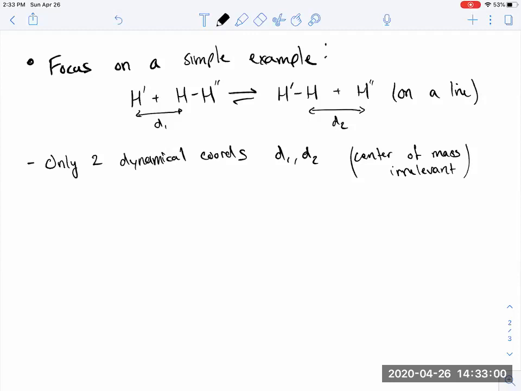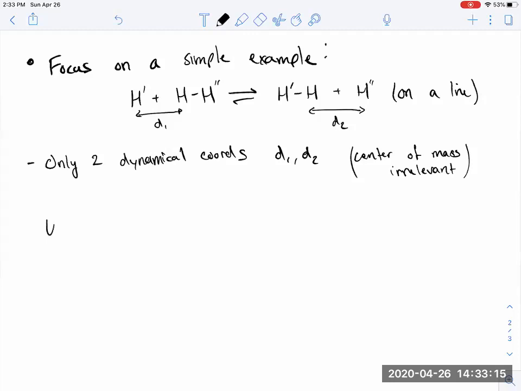So what we're going to try to work through or reason through is how this reaction might proceed. What would the dynamics over which this hydrogen exchange occurs look like?